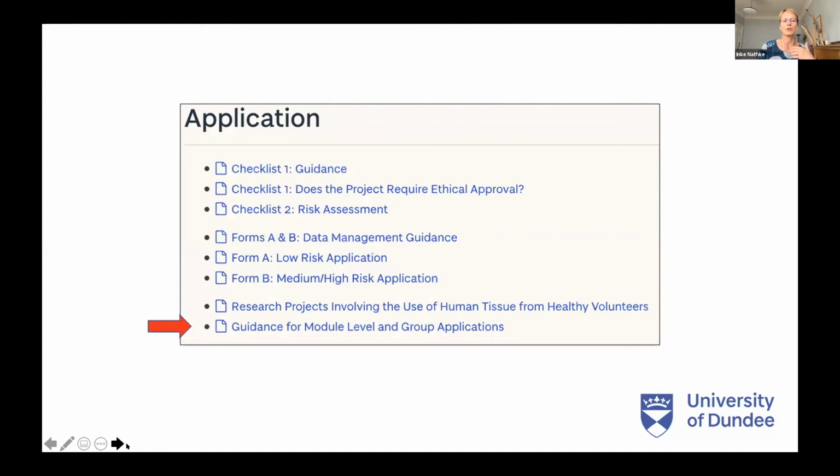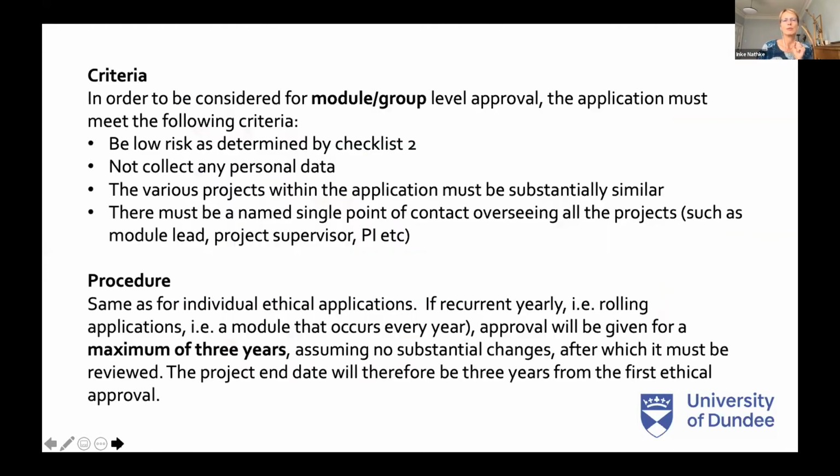So we don't have to do this 30 times but we can do this in a collective way, where the consent forms and the ethical considerations that pertain to such projects can be dealt with collectively to help the workload and also streamline the process.